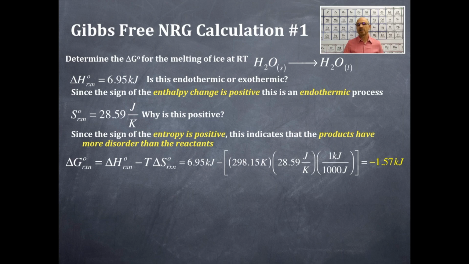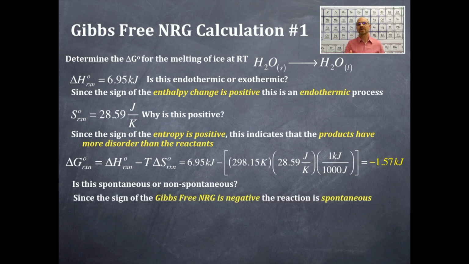Now again, that numeric value is very important, don't get me wrong, but what's most important here is the sign of this value, and that it is negative. So we're going to ask ourselves, is this a spontaneous or a non-spontaneous reaction? We refer back to the sign of the Gibbs free energy. Since the Gibbs free energy term is negative, this is a spontaneous and product-favored reaction.